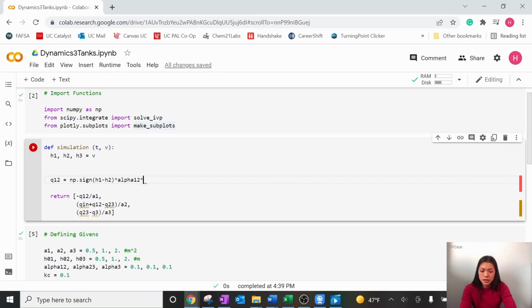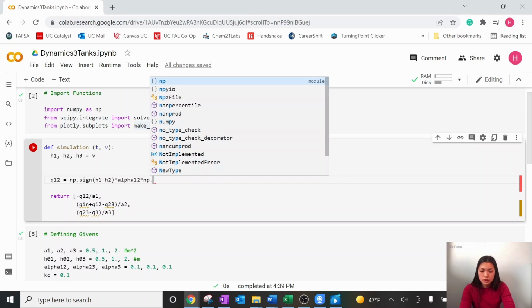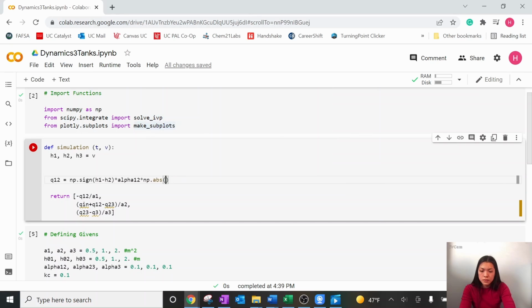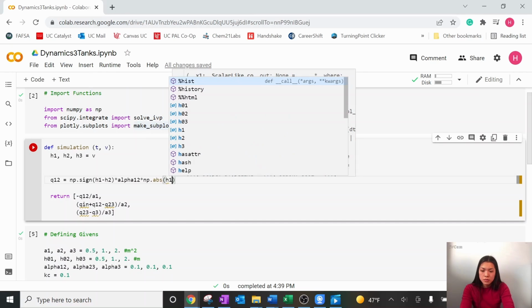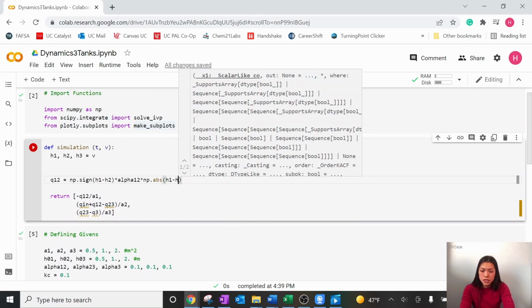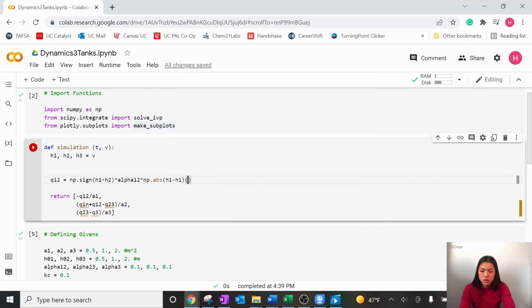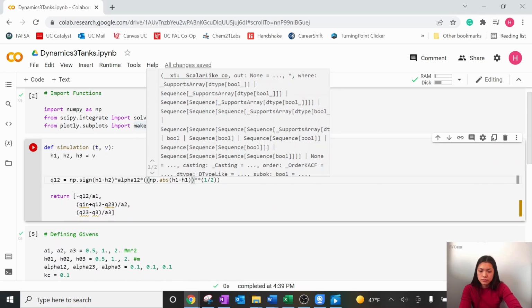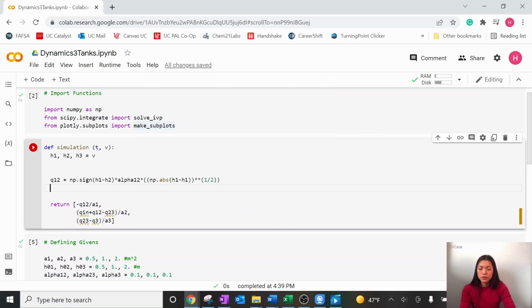Multiplied by the absolute value of the difference between the fluid height in tank 1 and tank 2, to the 1/2. And that's going to be the flow from tank 1 to tank 2.